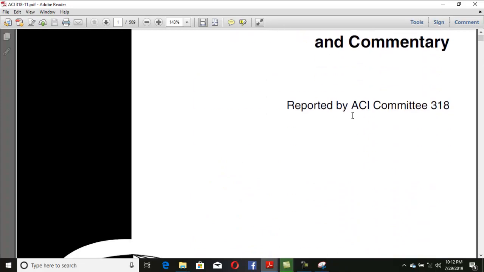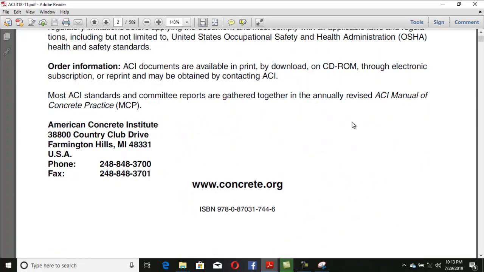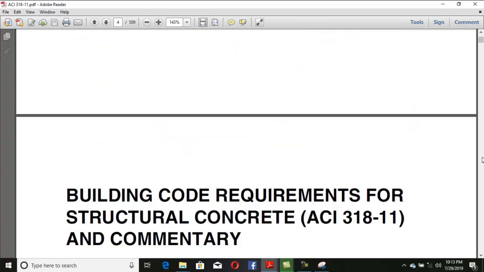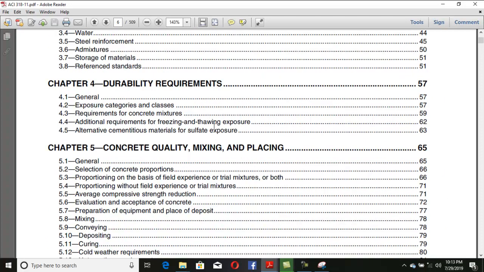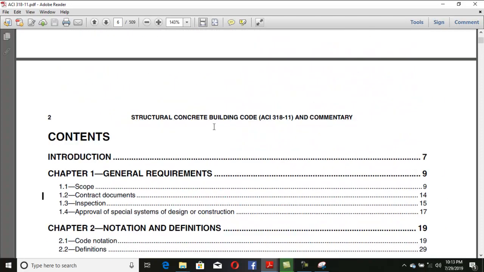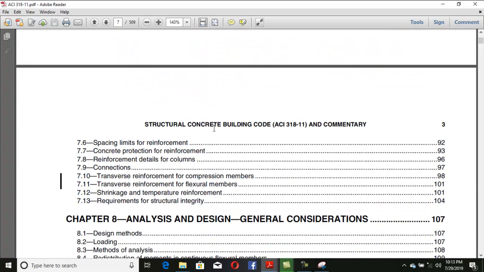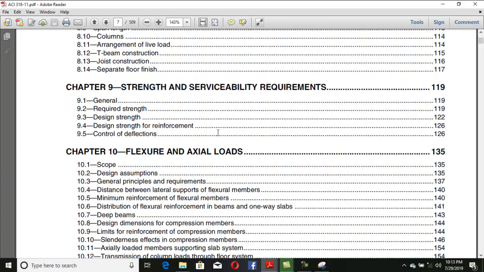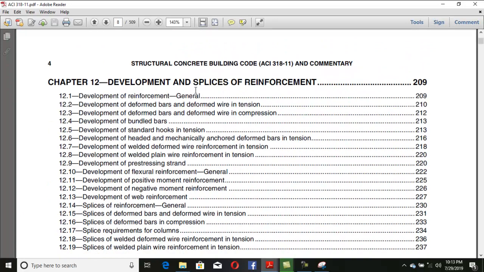It can also be found in the 2011 code. That is 1995, because the 2005 and 2011 codes are modified, and every 3 years. So you have to know about these restrictions and code provisions, what they basically say about development length and bar splices.